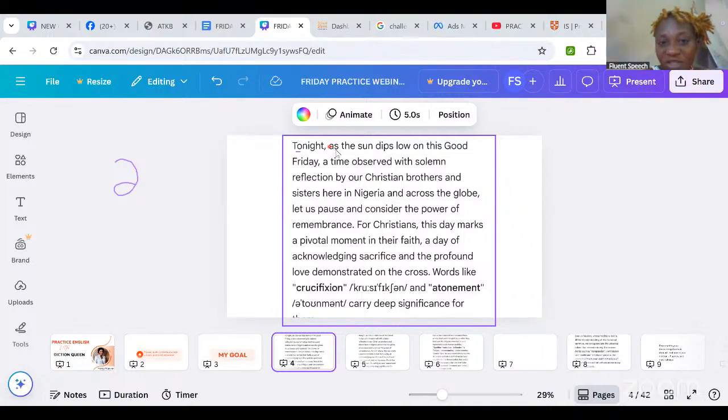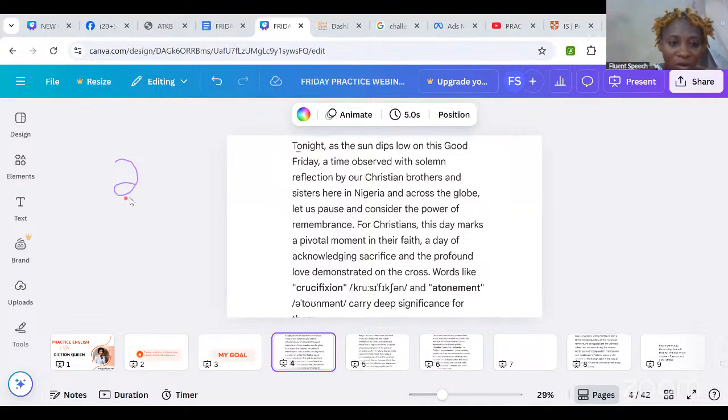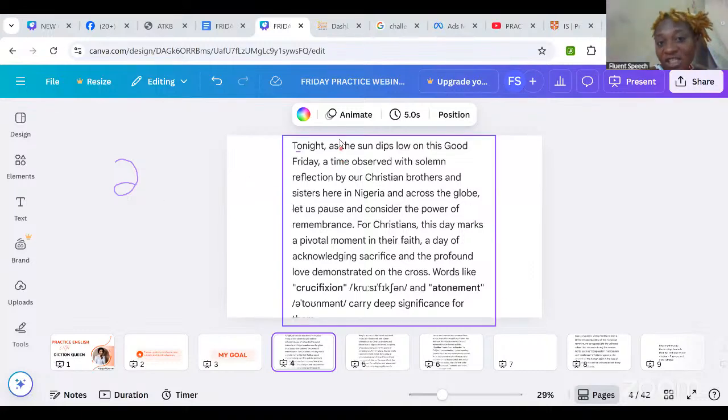We're using the weak form of this word as it's connected speech. Tonight is not as. The TH pronunciation: your tongue should be outside. Is the sun, not son. Sun.